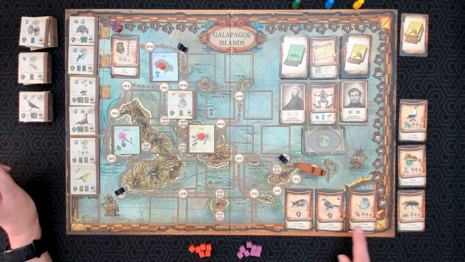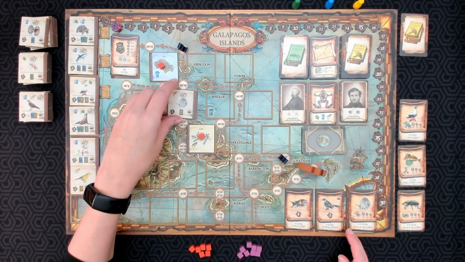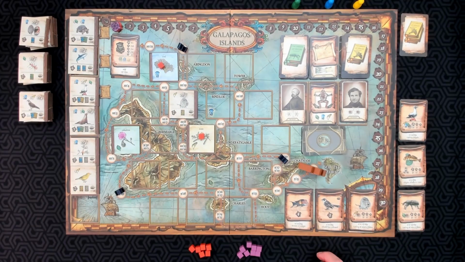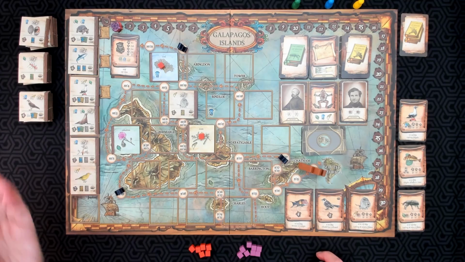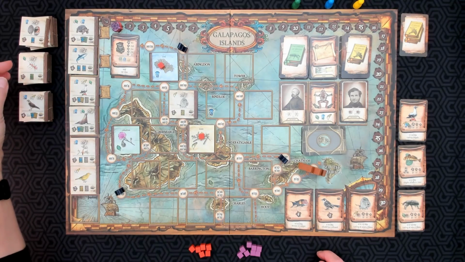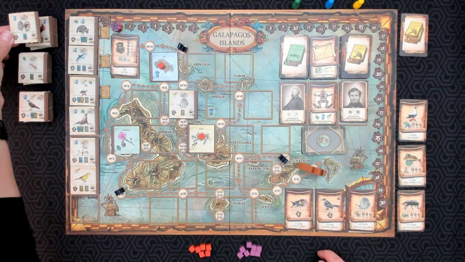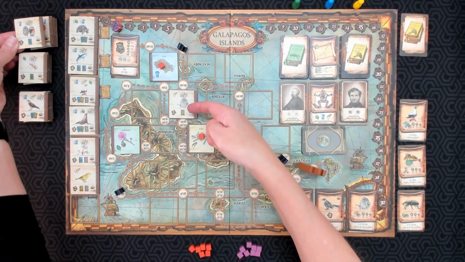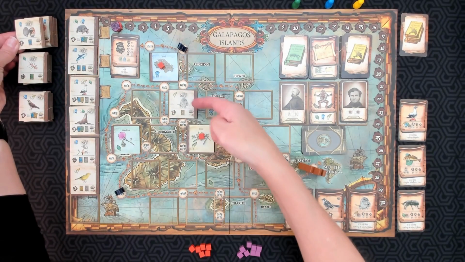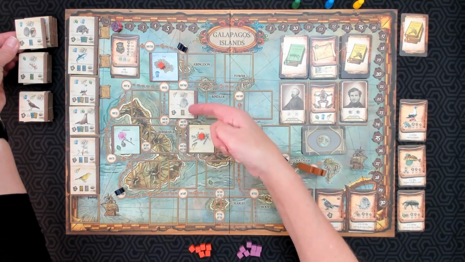I need to look and see, what do I need? I need to collect this because that's a species card I want. So one thing I'm thinking is I kind of want to get a level 1 card out there that Charlie is going to be able to get soon that I don't need, because he is not going to replace this level 1 card with another level 1 card unless he has to.